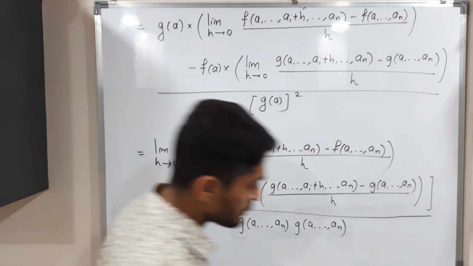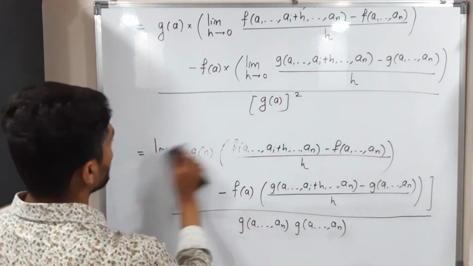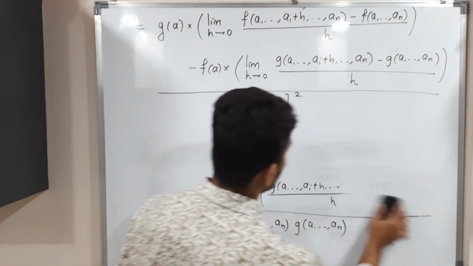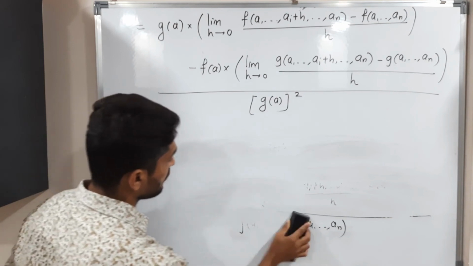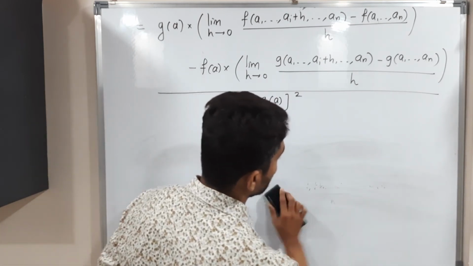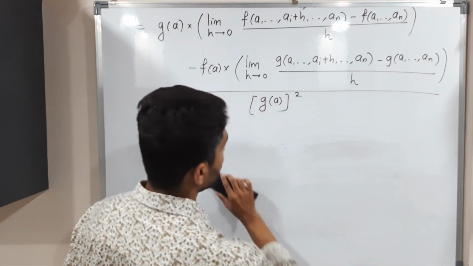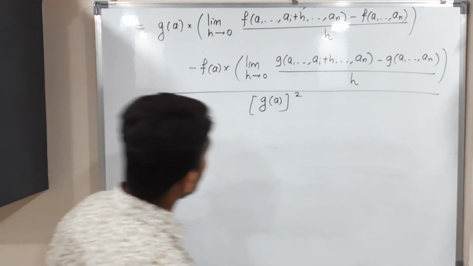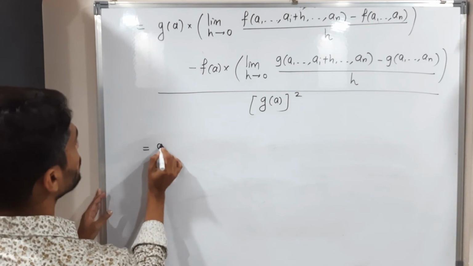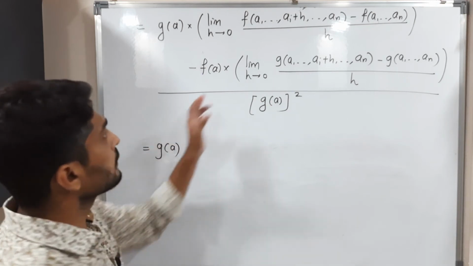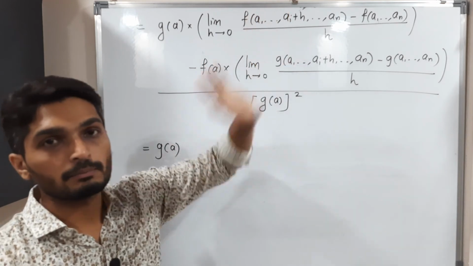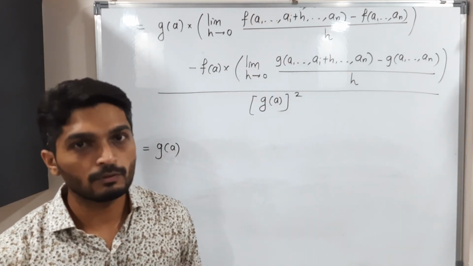Okay, let me remove this part, it is not required, and after that we will continue. Just a minute, let me remove this part. Okay, so it is clear now. This is equal to g of a. You remember equation number 1, it says its value is nothing but the partial derivative of f with respect to xi.